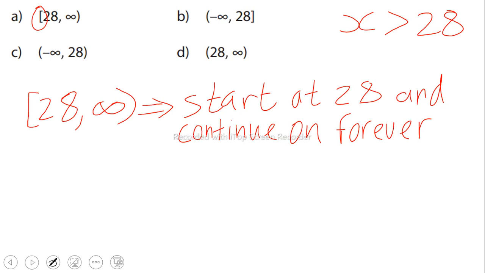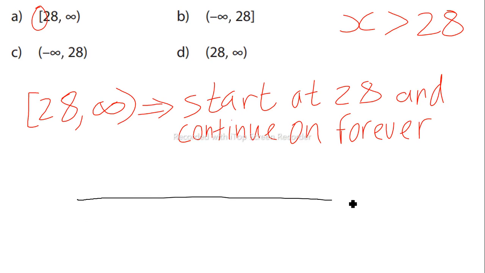And so if we were to draw that on a graph, how would that look? We must start at 28. So let's draw the x-axis. Let's put a 0 here, and let's say that 28 is here.